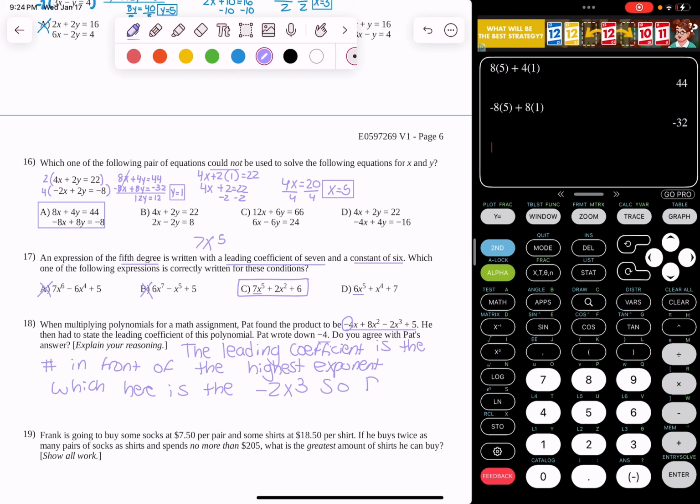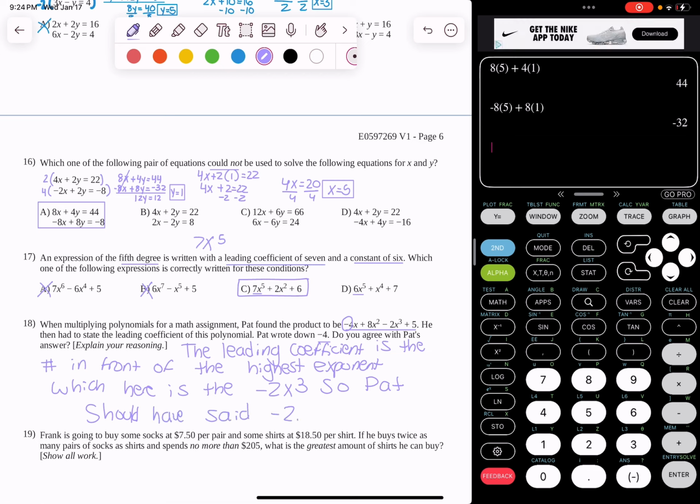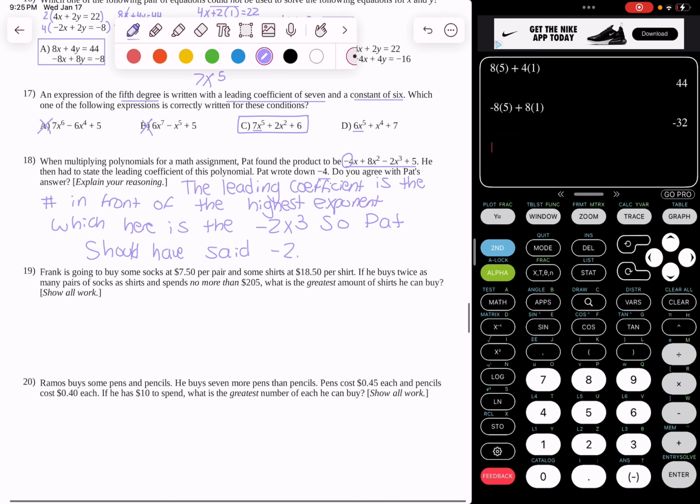So Pat should have said negative 2. The leading coefficient is negative 2. Since the highest exponent is 3, x to the third, and the number in front of the x to the third is negative 2.